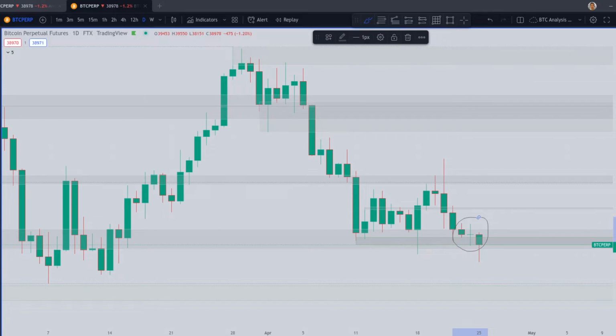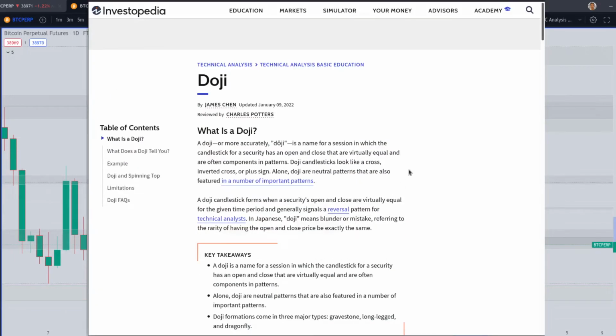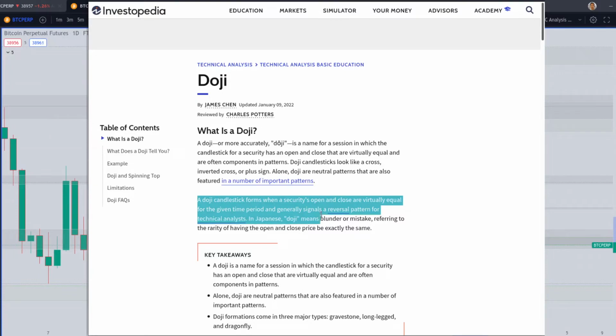Let me show you a website from Investopedia. This candle is called a Doji. What does Doji mean? A Doji is a candlestick formed when a security or crypto's open and close are virtually equal for the given time period, and it generally signals a reversal pattern.